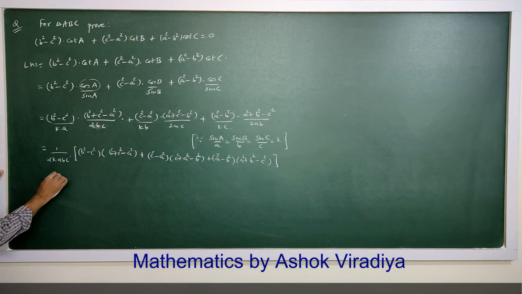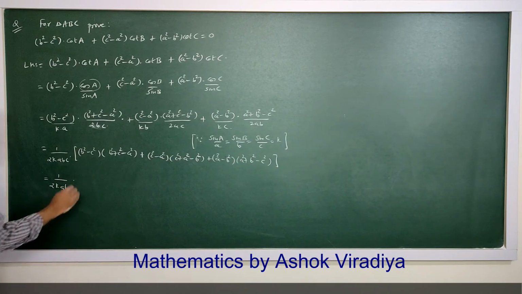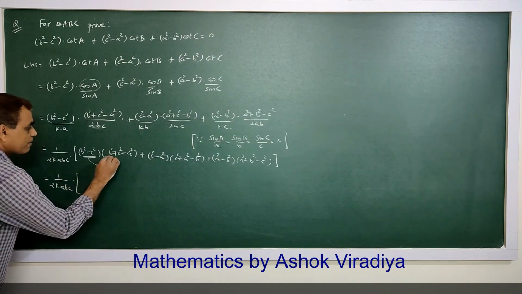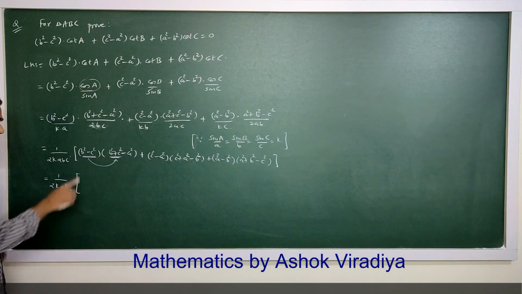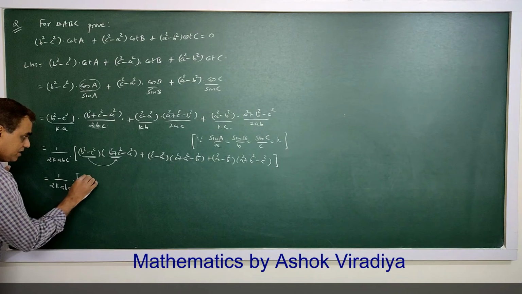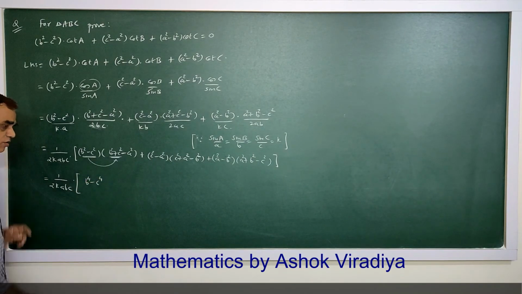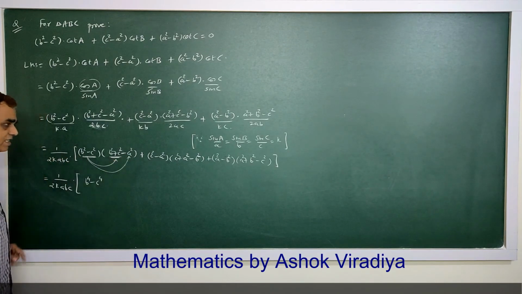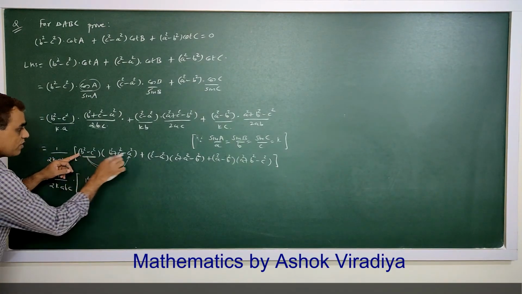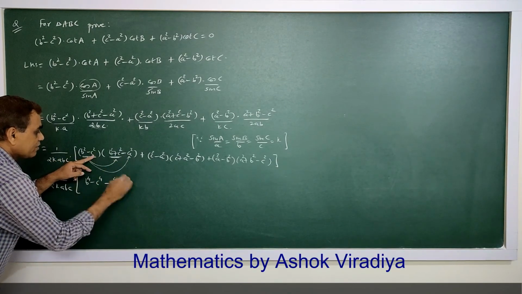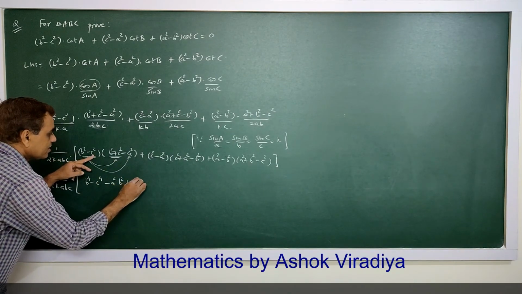Now expanding this, I am multiplying this bunch with b square plus c square. So b square minus c square into b square plus c square is b raised to 4 minus c raised to 4. Now this bunch I am multiplying with minus a square. So b square into minus a square is minus a square b square, then minus minus plus a square c square.